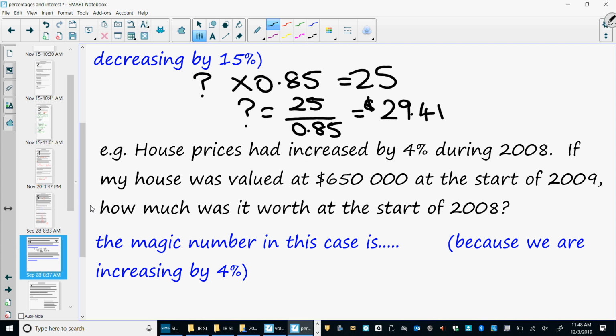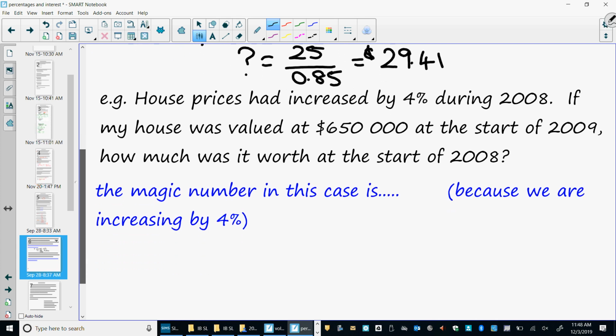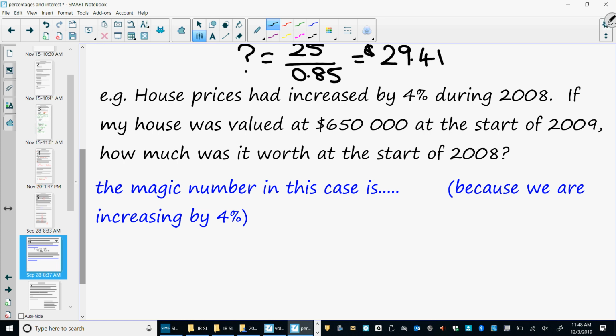So what would I do for this? Imani, see if you can tell me the whole thing. So the mystery number times 1.04 equals 650,000.